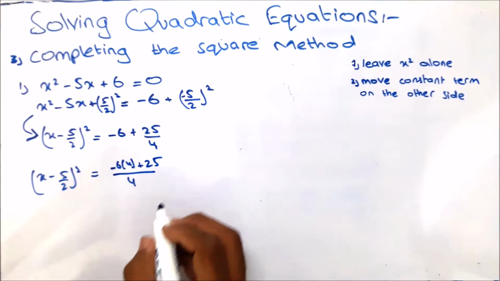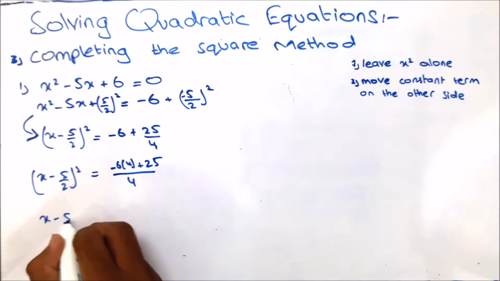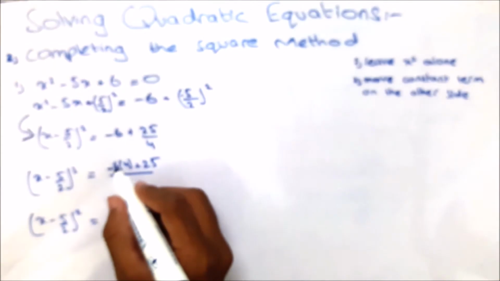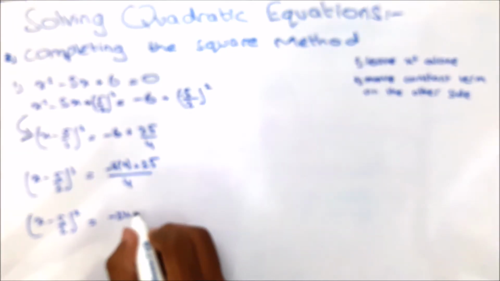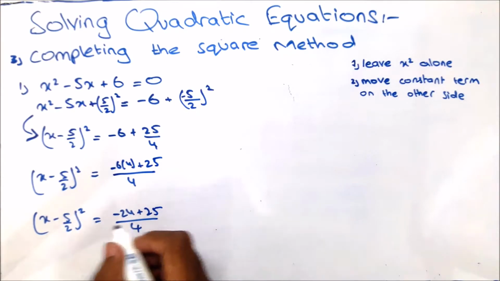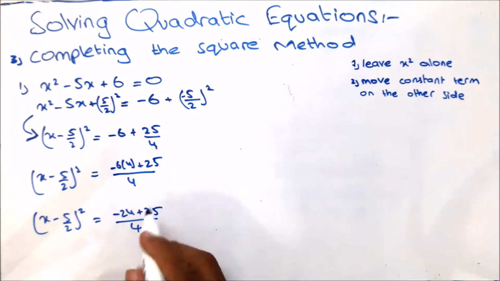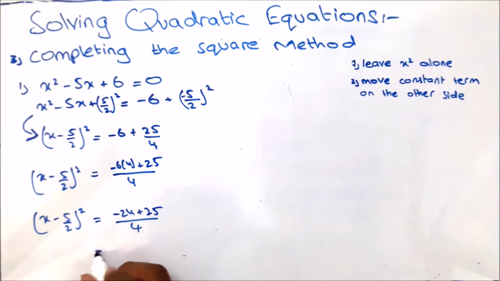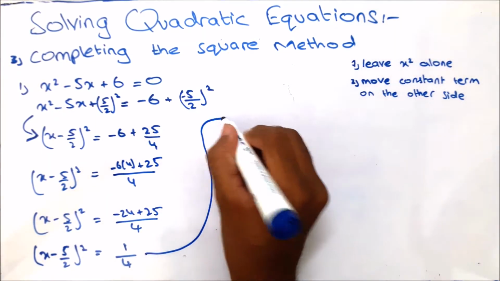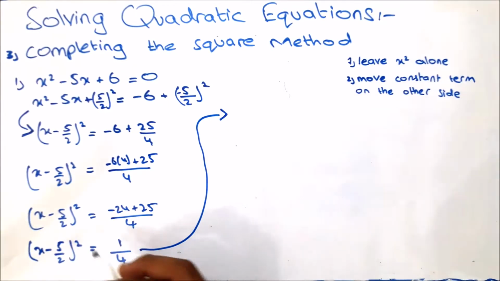Here we have x minus 5 divided by 2 whole squared. x minus 5 by 2 whole squared is equal to, this becomes minus 24 plus 25 over 4, that is 25 divided by 4... Okay, now this will become 1 over 4. And here we have x minus 5 divided by 2 whole squared. Okay, here we have this.